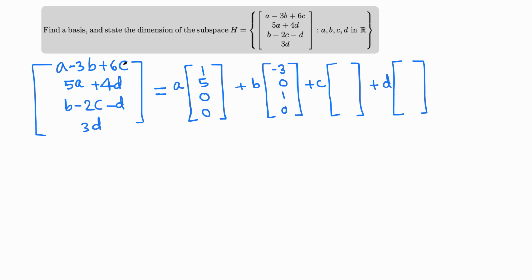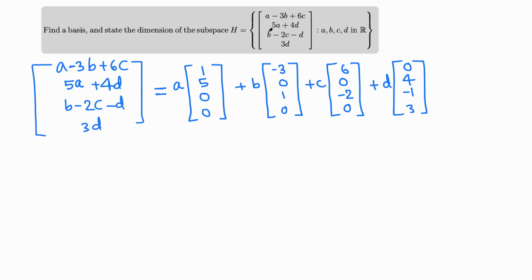C, 6C, so this is 6, no C, minus 2C, so minus 2, no C, 0. D, there is no D, 4D, so 4, minus D, so negative 1, and 3D, 3.